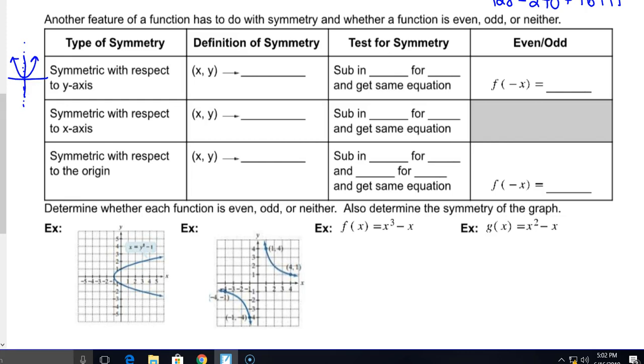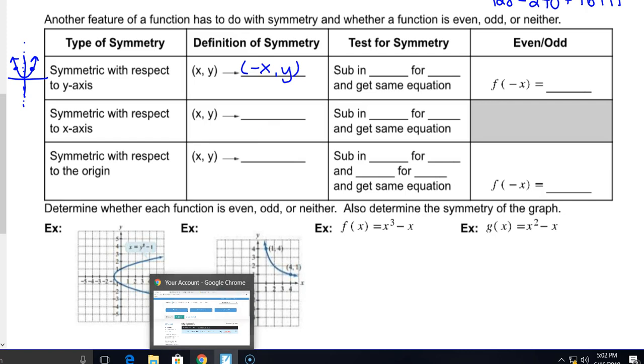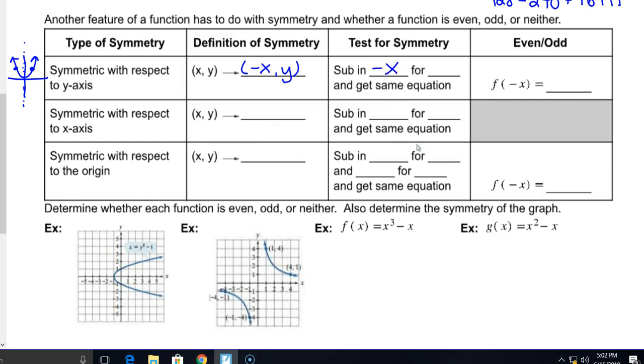So that's what we kind of started with there. Symmetric with respect to the y-axis means that if I have a point x, y, then the point -x, y would also be on there and match up with that. And in order to test for symmetry, we want to sub in -x for our x into our function, and we want to get the same equation.